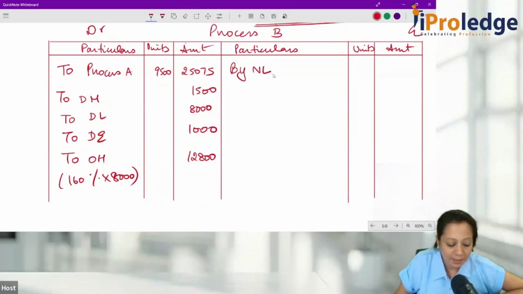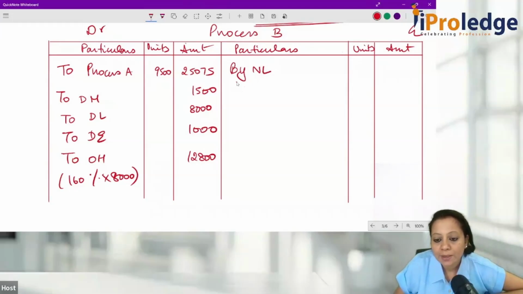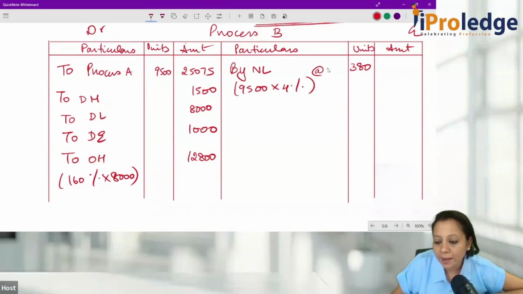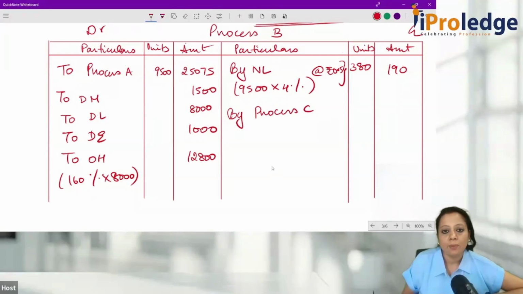Now, by normal loss, they have said normal loss is 4 percentage for process B. So can I say 9,500 into 4 percentage is 380. Right. And it is sold at what price? 0.5, at rupees 0.5. So 190. Okay. Then by process C, whatever I am getting here will be the balancing figure.